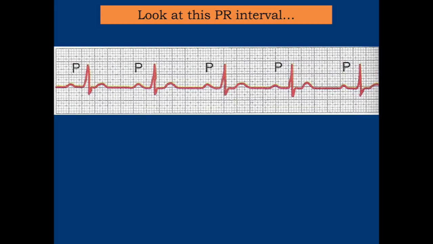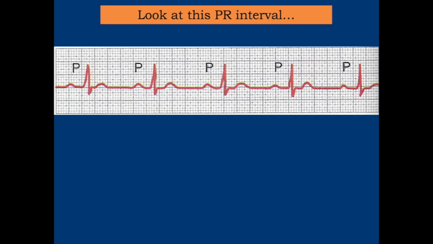I want you to look at now the PR interval. Remember, that's the interval where the start of the P wave is to where the R wave is. And I know it's kind of a wide R wave, but look at the distance between that first hill, if you will, called the P wave, where the QRS complex is.